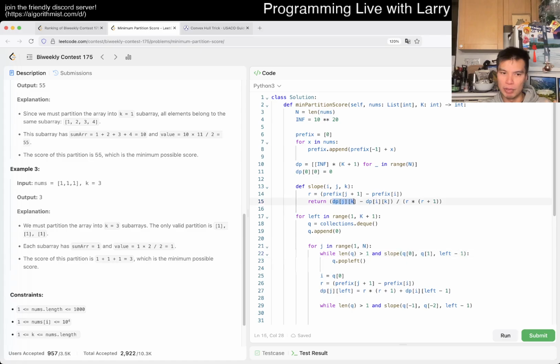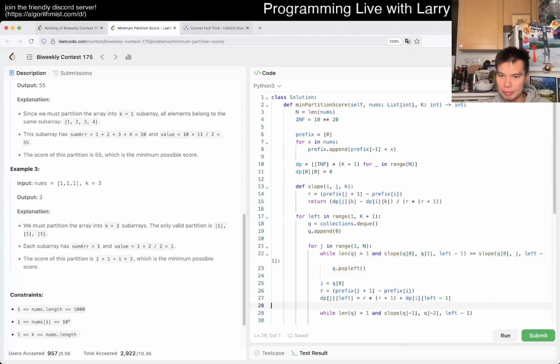Okay, so this is for the rest of it, so that's right. But then for this part, I think I need to pass in J because we're comparing. Or maybe something like that.